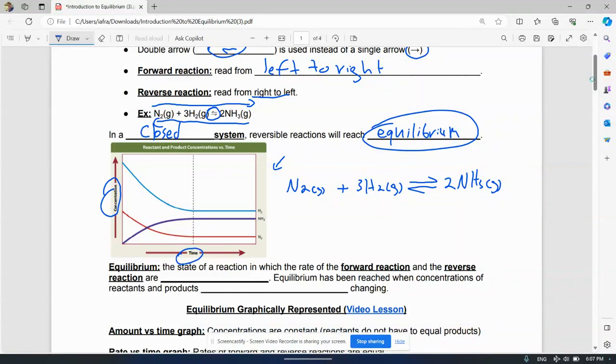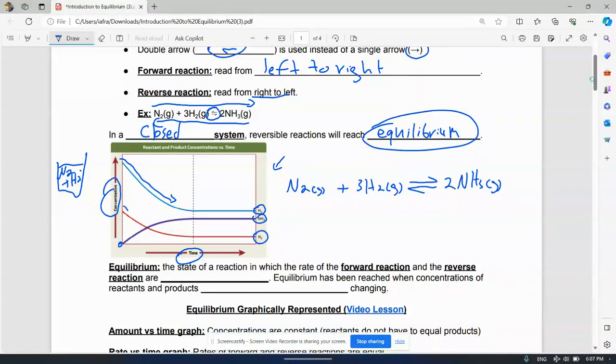And you'll notice if you look at the N2 and the H2, at the very beginning of our reaction, that's all we have present in our flask, in our beaker. So pretend there's a beaker here. At the very start, you just have N2 and H2. And your product, NH3, has not been formed yet. That's the beginning here, time 0. But over time, as time goes by, your N2 starts to drop. Or that's your H2, sorry.